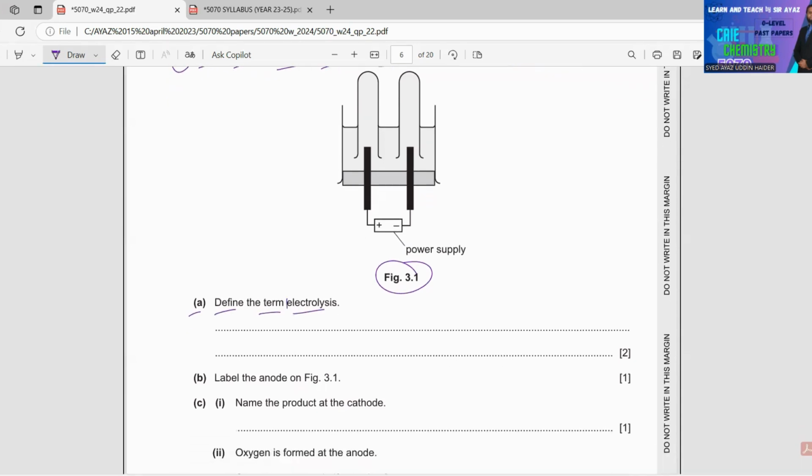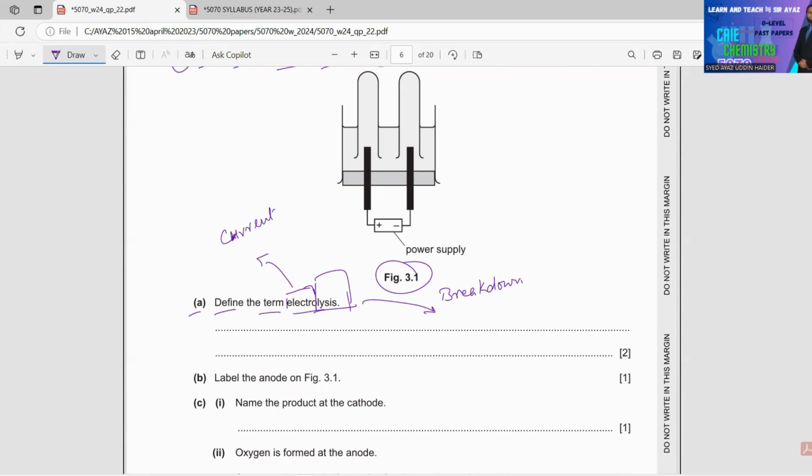Now the term electrolysis, we have electro and then lysis. Lysis means breakdown. Electro means current, passage of current.